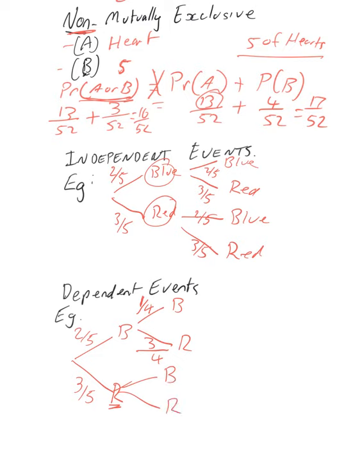And again, if we selected a red with our first selection, then the probability of getting a blue with our second one, because we haven't replaced the red, there are still 2 blues, but there are only 4 marbles in the bag. And again here, if we've selected out a red first, then there's only 2 left out of 4.